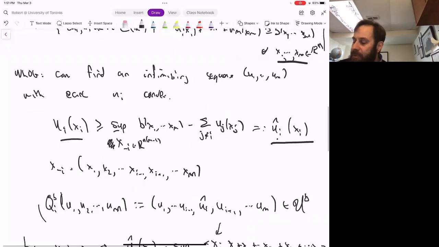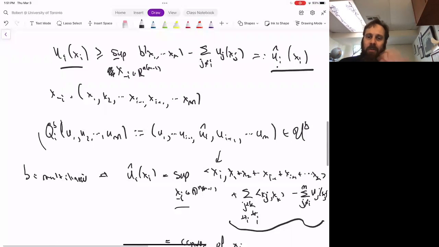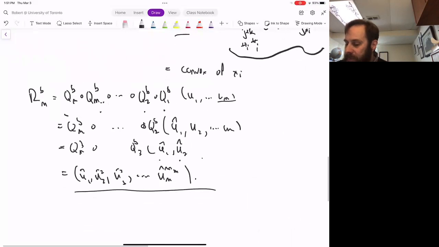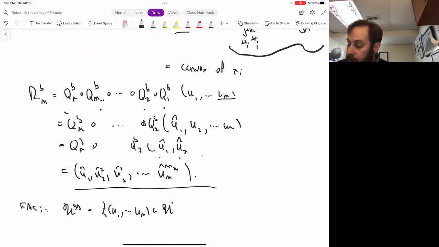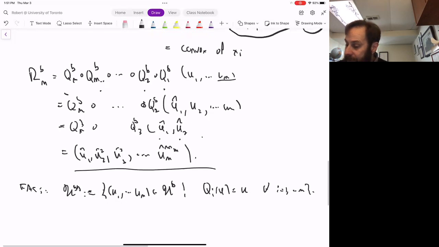Otherwise, of course, the same procedure works for non-multilinear functions, but then you have some kind of notion of a B-convex m-tuple. So if I define UBB to be the set of m-tuples u1 up to um in UB that are invariant under qi for every i, I claim that this guy is actually in U double B, but it's not terribly important for us.